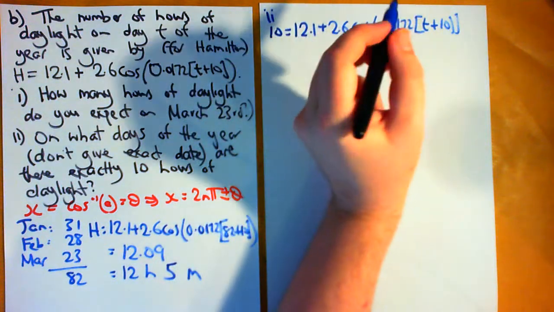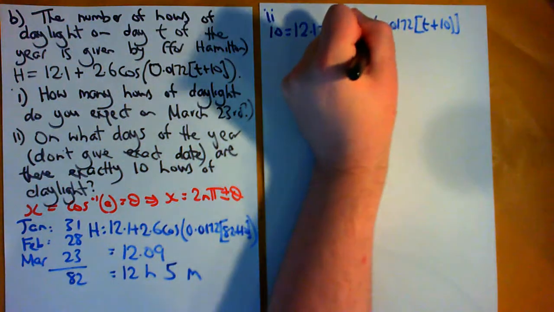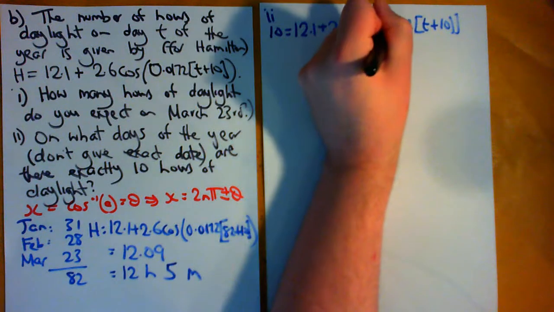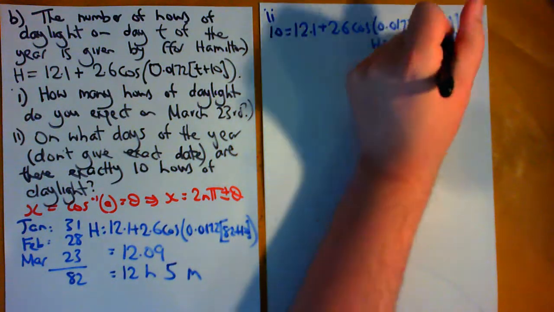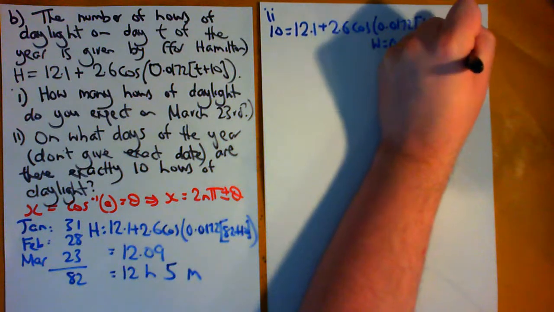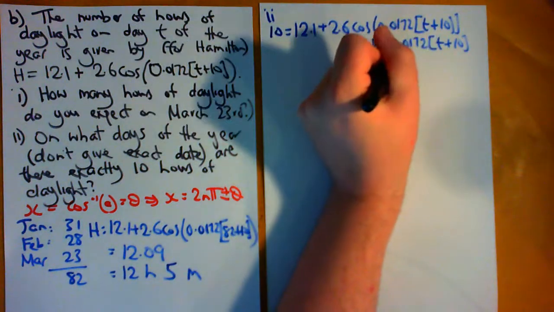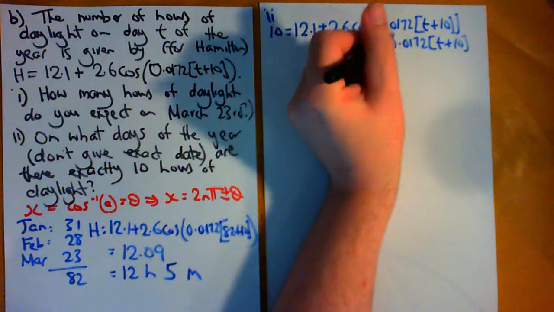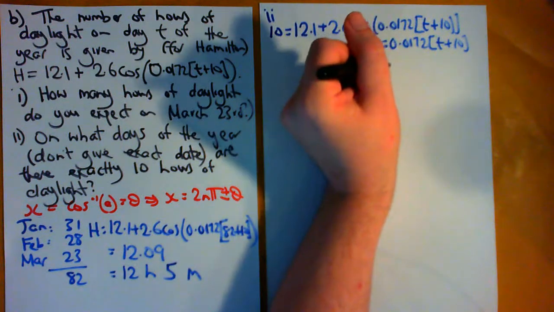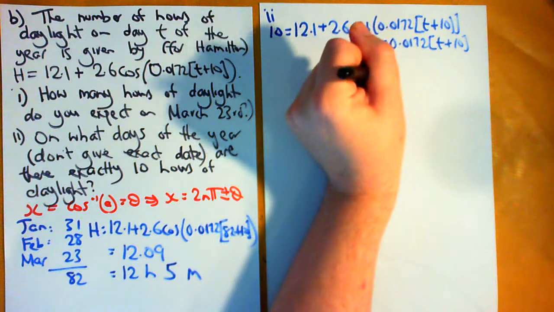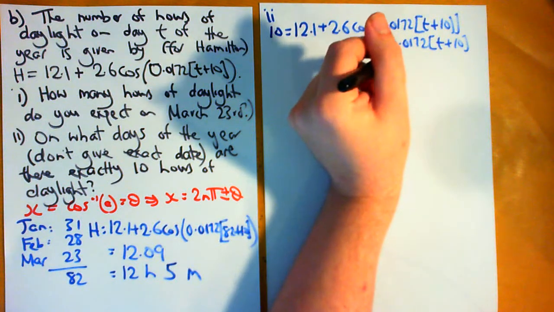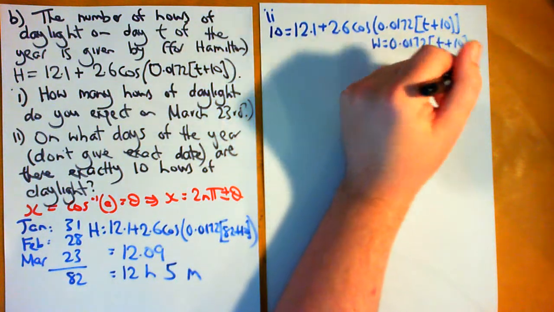And let's choose our W. So W is going to be what's inside the bracket. W equals 0.0172 times t plus 10. And if we solve that for t, dividing through by 0.0172 gives W over 0.0172 equals t plus 10.